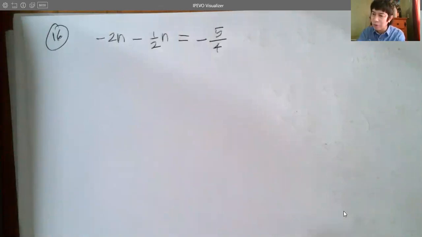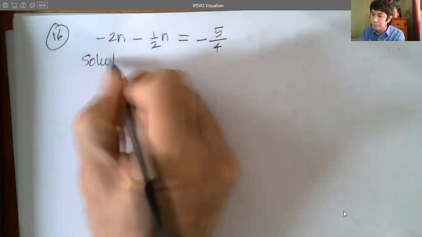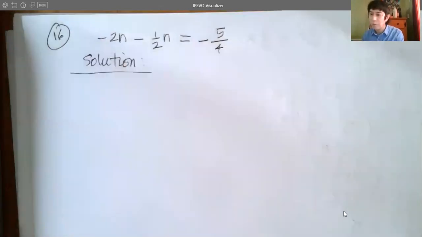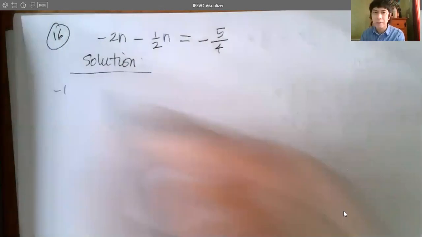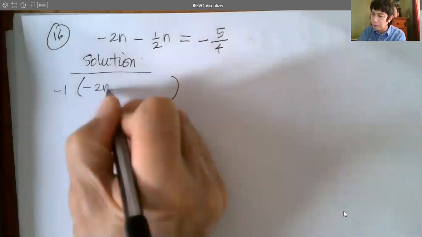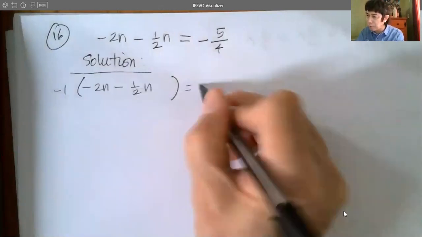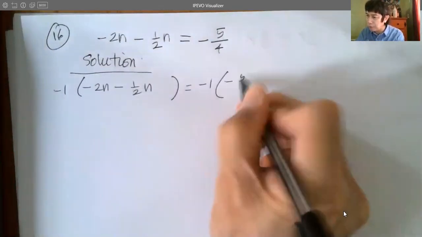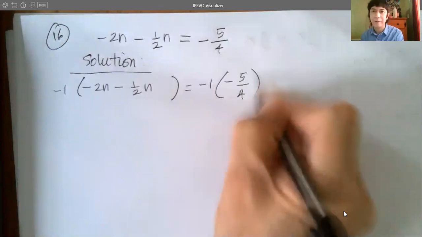So for our solution, for our first step, okay, we can apply -1 times the left side, -2n minus 1/2 n equals another -1 times the -5 over 4. Like that.